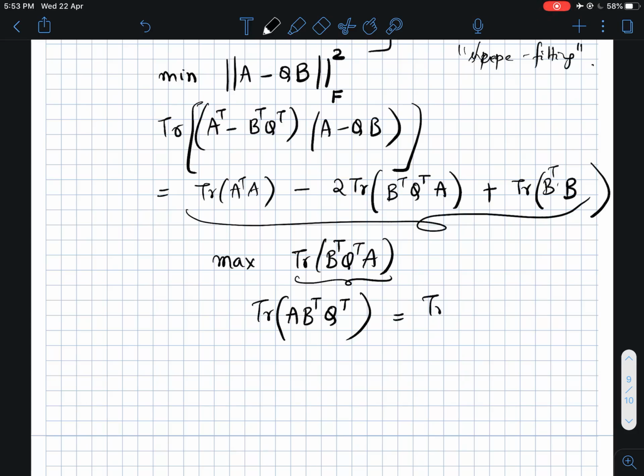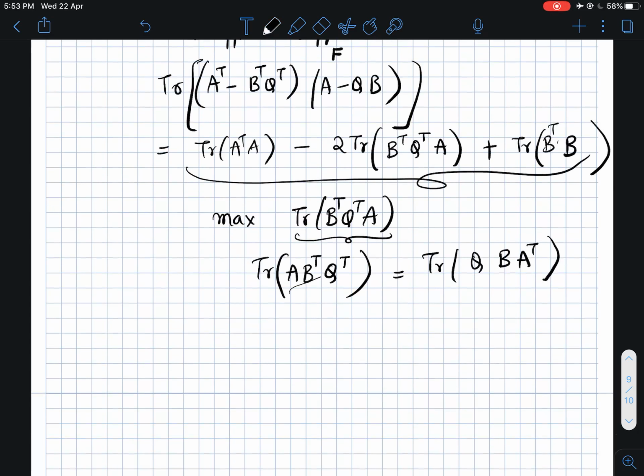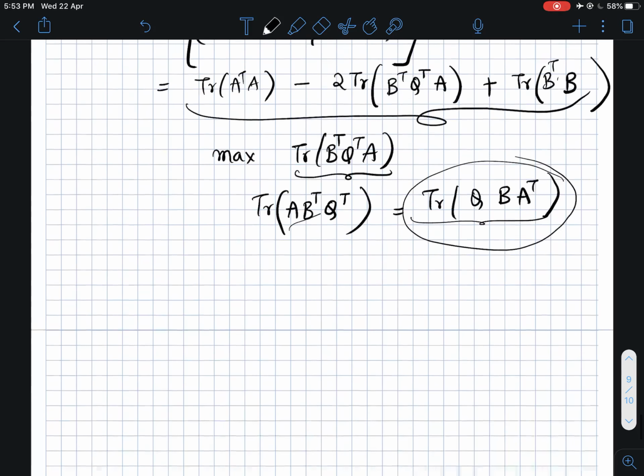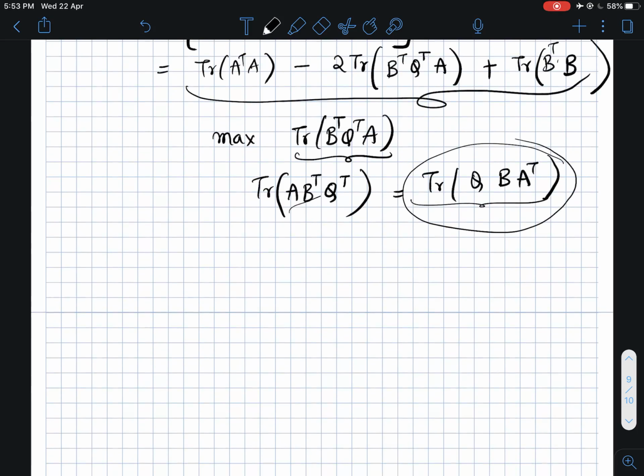Now I have to maximize this. You can also write it as trace of Q B A transpose, because the trace of a matrix is the trace of its transpose. If you don't like having Q transpose over here, you can take the transpose of the whole thing and you'll get the same thing anyway. Let's go with Q B A transpose. So I have to pick an orthogonal matrix Q such that this has the largest possible trace.